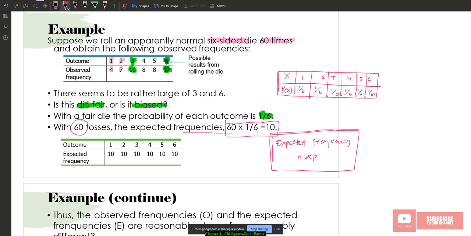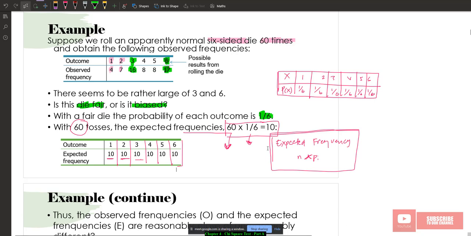We calculate the expected frequency as the number of trials multiplied by the probability of each outcome. So it becomes 60 multiplied by 1/6, which equals 10. So each outcome should have an expected frequency of 10.